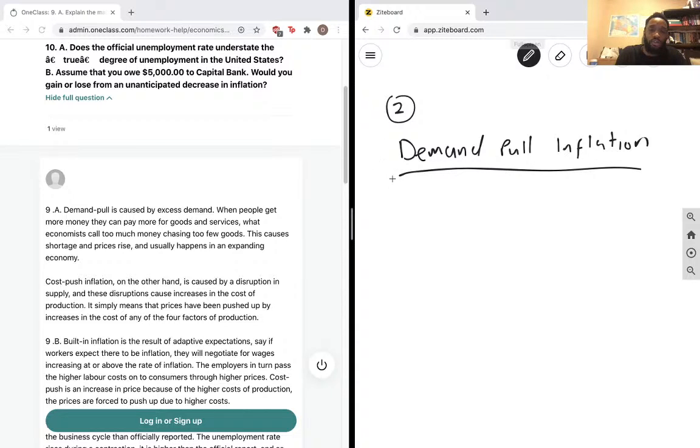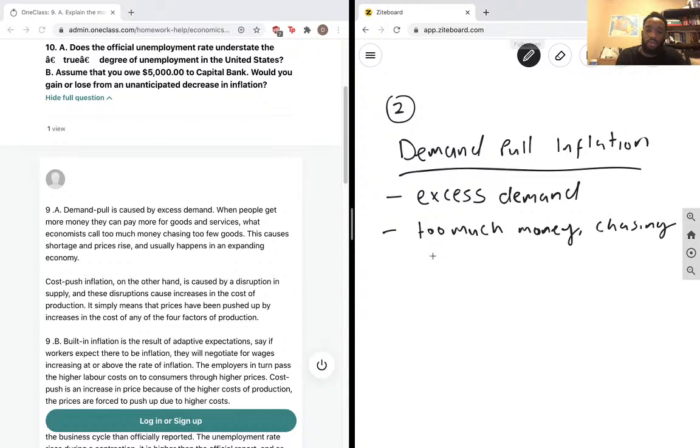So this occurs when there's excess demand, and it's what economists call too much money chasing too few goods.